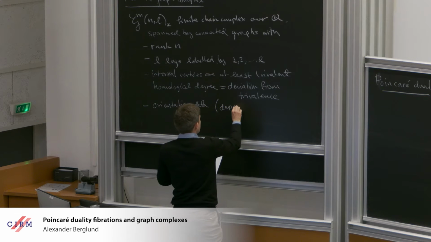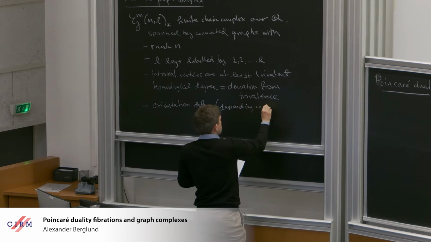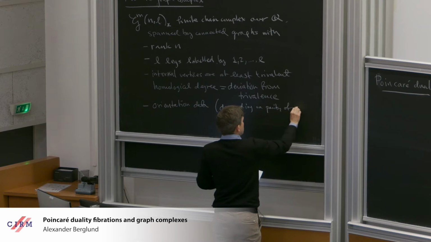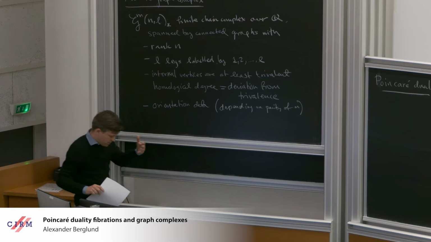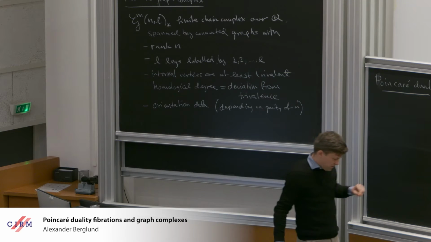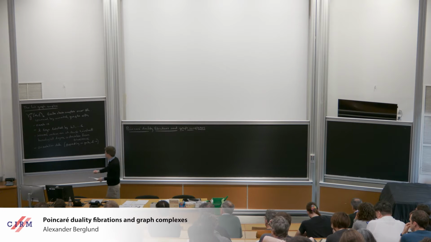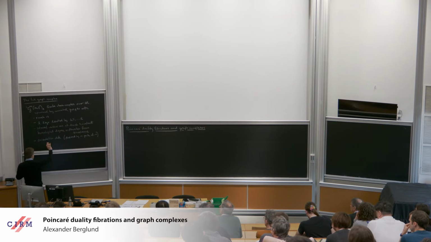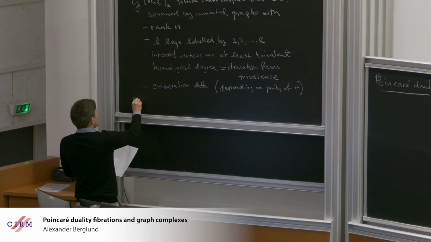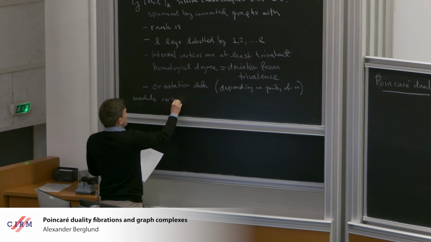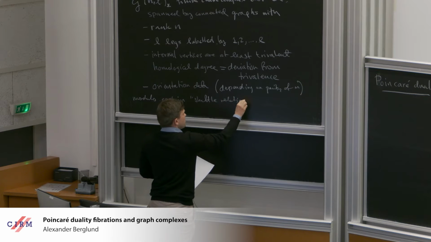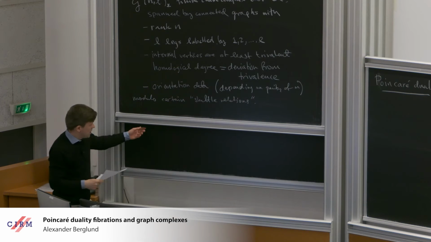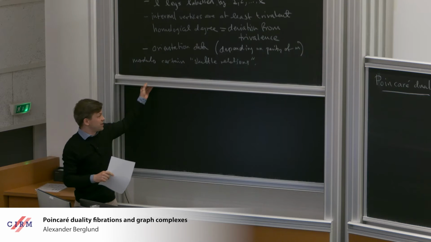It depends on the parity of M, and you have a ribbon structure: cyclic orders of the half edges adjacent to each vertex. But again, I will ignore the full details here. This is just an indication, and then you mod out by certain shuffle relations. Again, I will not spell out formally what I mean. I will just try to indicate in an example what kind of things we're looking at.